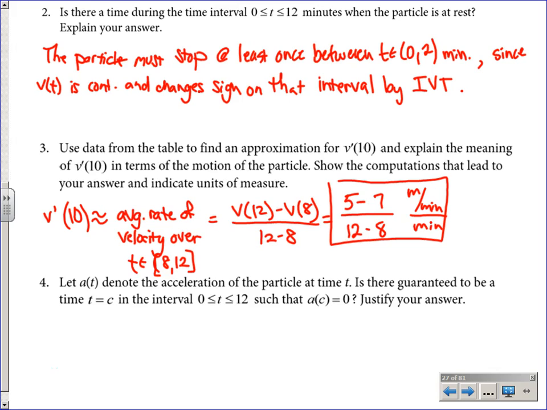So it's completely up to you. But I, in my head, am going to realize that 5 minus 7 is a negative number over a positive number. I'm going to realize this is a negative quantity.